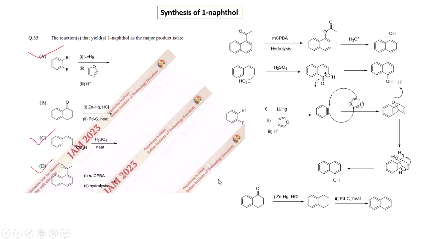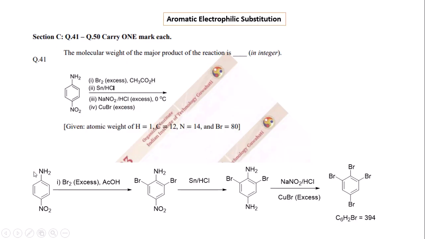The compound B of option B should produce only the naphthalene derivative after the Clemmensen reduction followed by aromatization. But in the case of C, the intramolecular Friedel-Crafts acylation followed by isomerization gives the 1-naphthol derivative, and again meta-chloroperbenzoic acid, after Baeyer-Villiger oxidation followed by hydrolysis, gives the 1-naphthol derivative. So options A, C, D are correct.